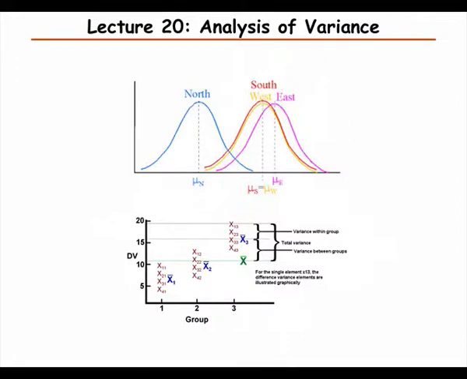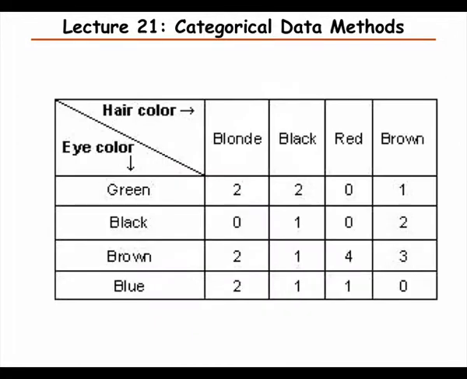Then back to statistics, so ANOVA, which is a sort of generalization of the t-test, applying when you have many different groups. Then categorical data methods. When you have different categories and you want to see whether there is any correlation between these categories, you will learn about how to apply those methods.